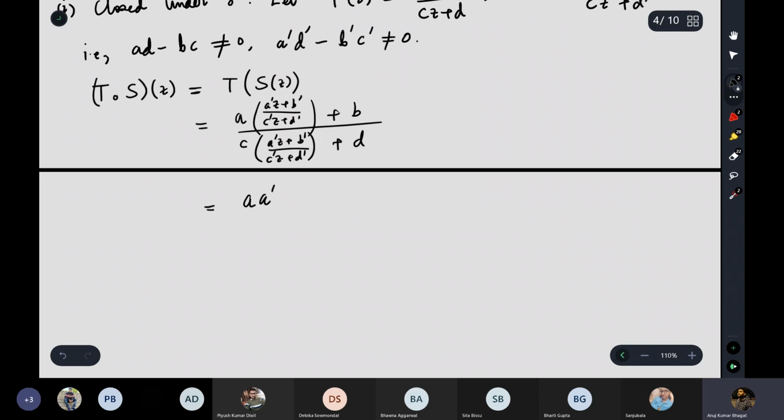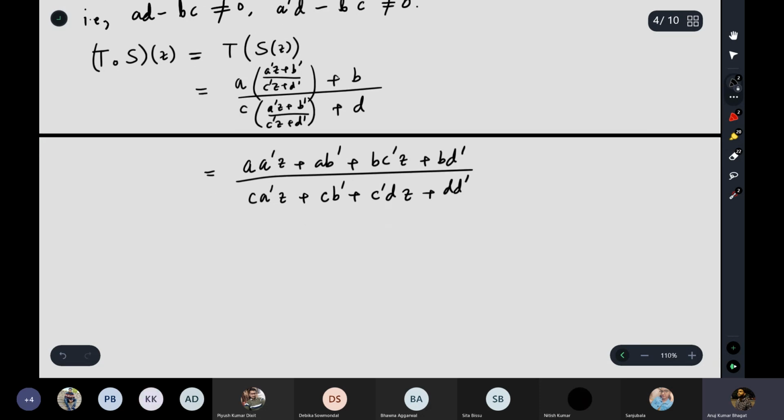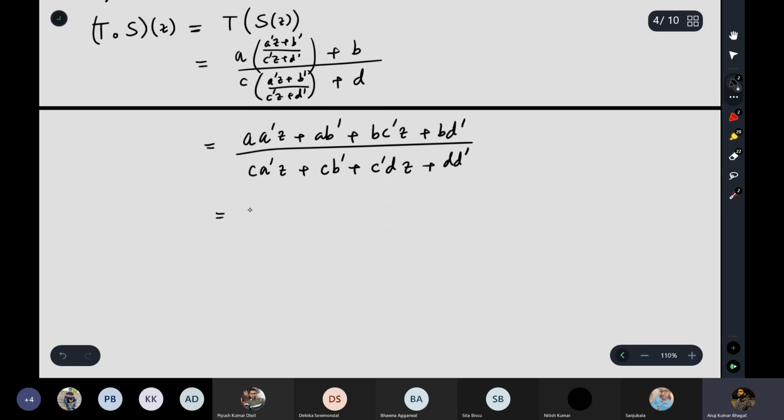So this is aa'z plus ab' plus bc'z plus bd', and the denominator is ca'z plus cb' plus dc'z plus dd', and those things will get cancelled. So this is also a Mobius transform.